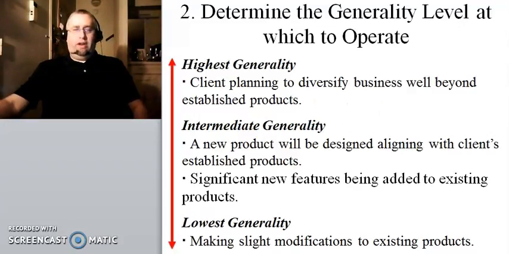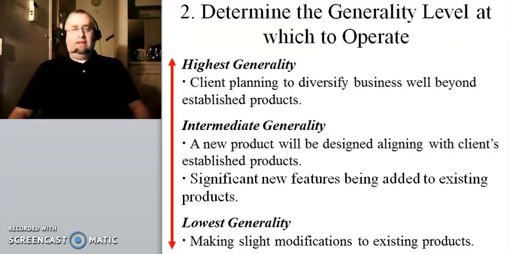So over here I've got kind of this arrow which is representative of a range of generality, with the highest generality corresponding to the desire of the client to diversify their business well beyond any established product. So remember, with high generality, you end up with a very wide and varied design space. There's a lot of flexibility for the design engineer to come up with a variety of different solutions.